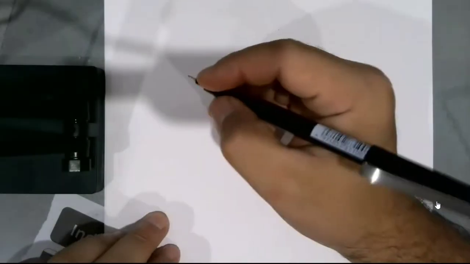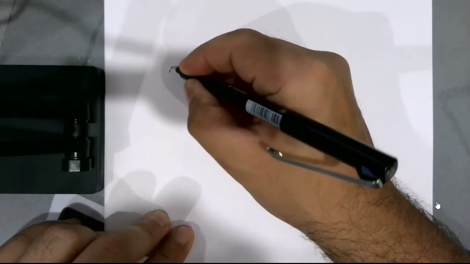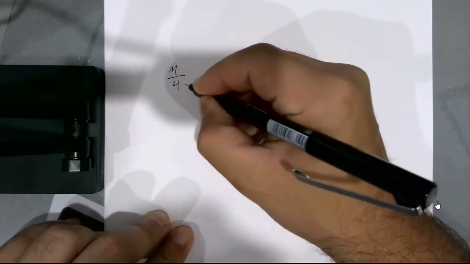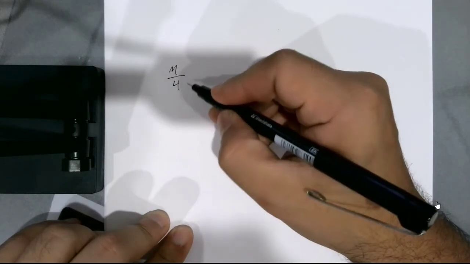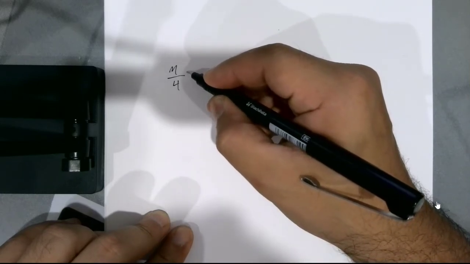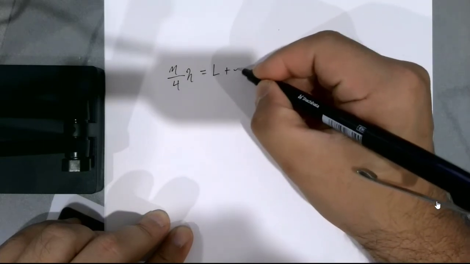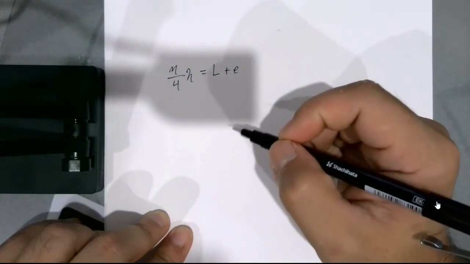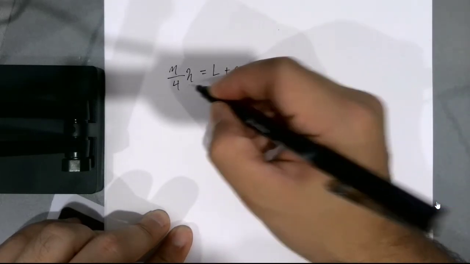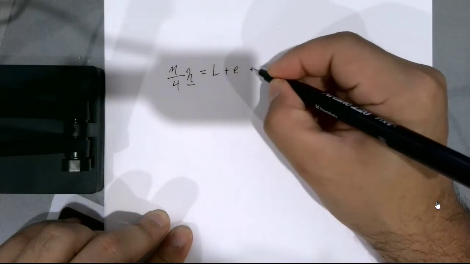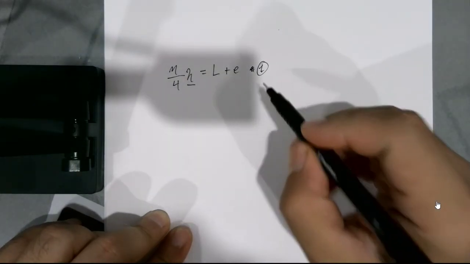Our first equation is this: the particular odd harmonic for a closed pipe divided by 4 multiplied by its particular wavelength is equal to the length of the pipe plus that constant E, which is that end correction in that pipe. Now again, the emphasis is always solving for wavelength.